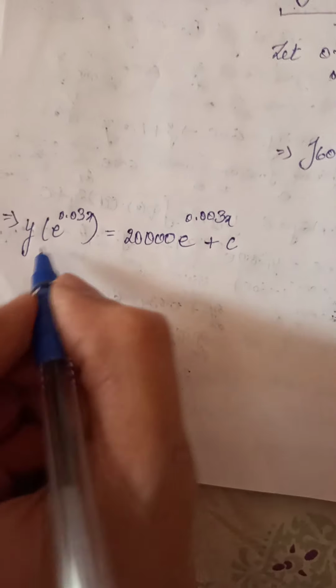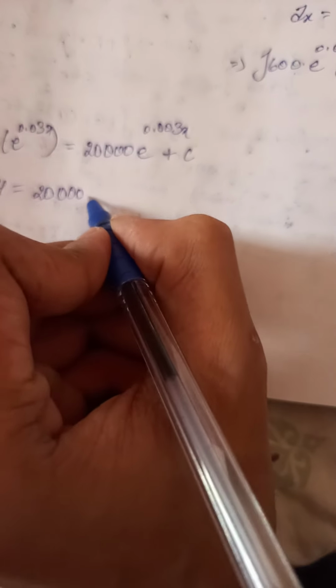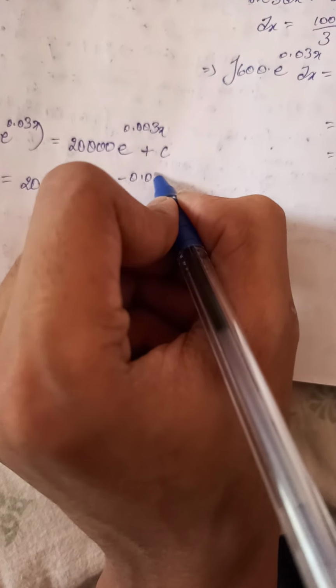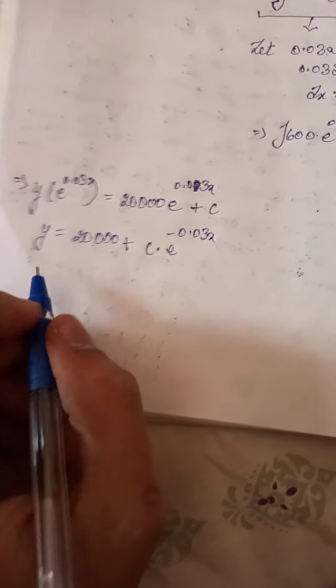And now dividing this by e power 0.03x, we get y equals 20,000 plus c into e power minus 0.03x.